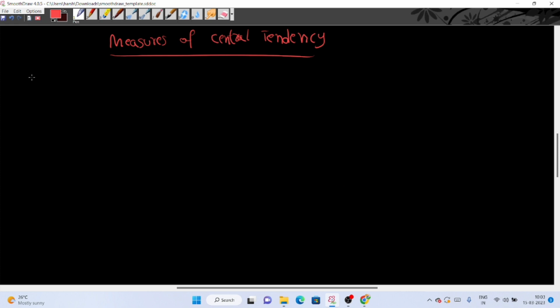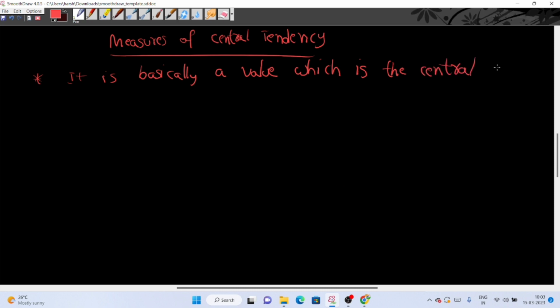So first of all, I'm going to write the definition of measures of central tendency. It is basically a value which is the central or maybe a typical value of the data set.